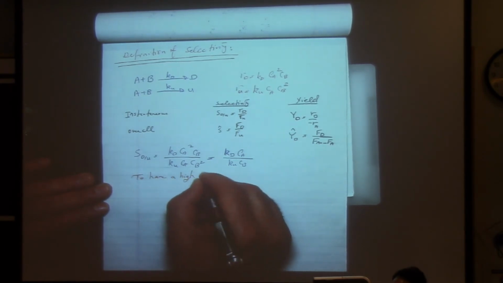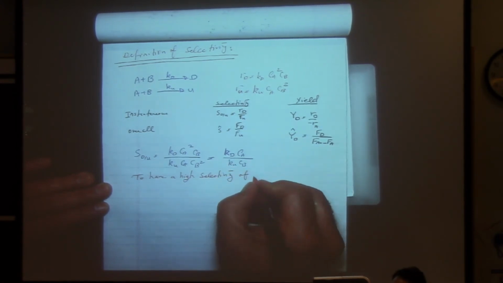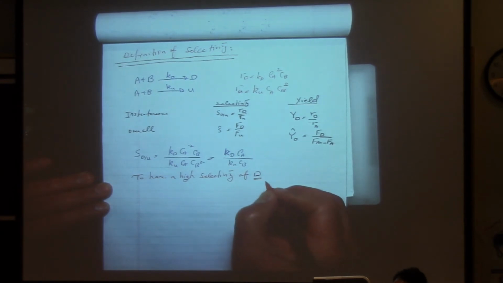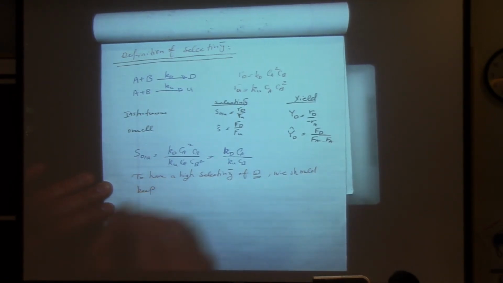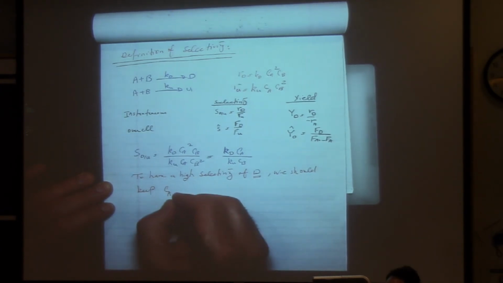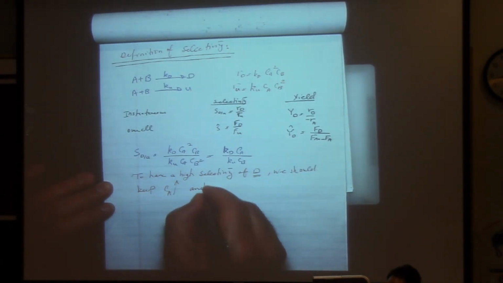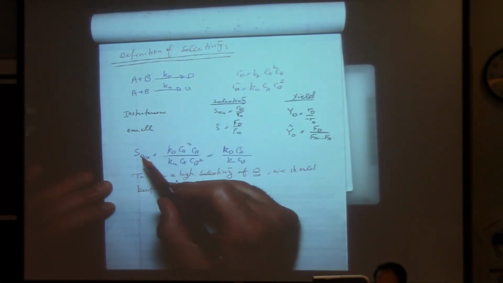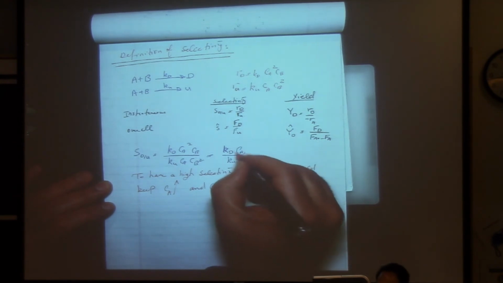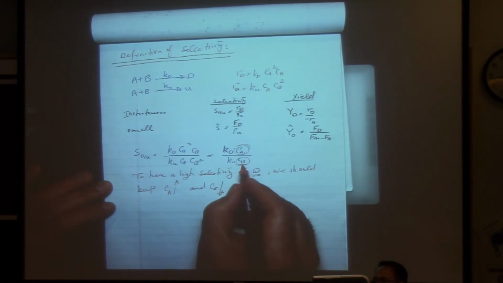To have a high selectivity of D, which is the desirable product, we should keep the concentration of A high, right, and C_B low. You want a higher concentration of C_A and a lower concentration of C_B, right?